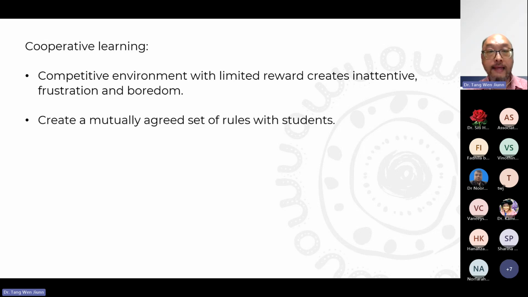When we set certain rules, they have to be mutually agreed by the students. The simplest example is when we are deciding on the appropriate time for a replacement class or additional class. Everyone should agree on that particular time and date.